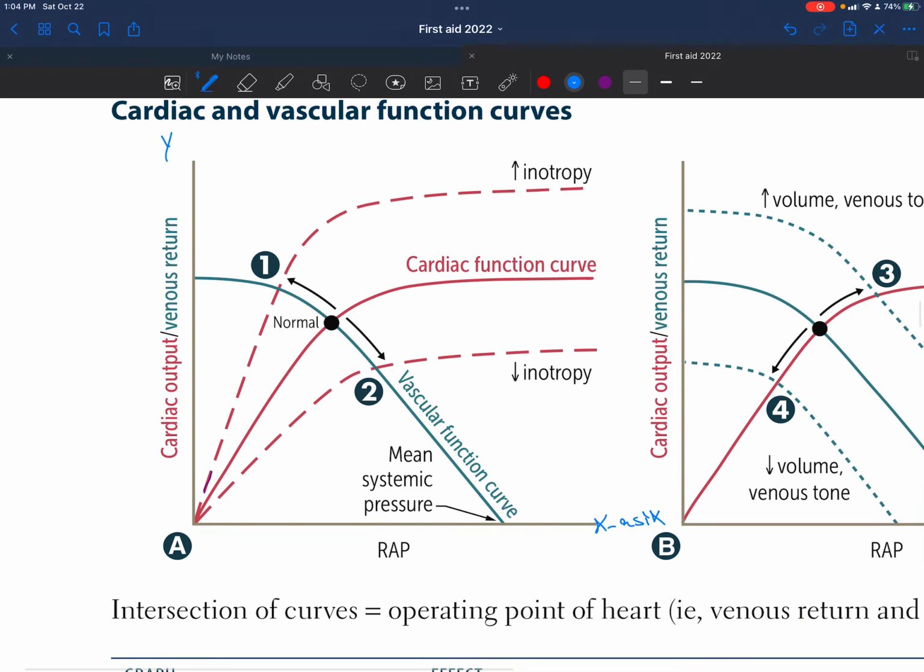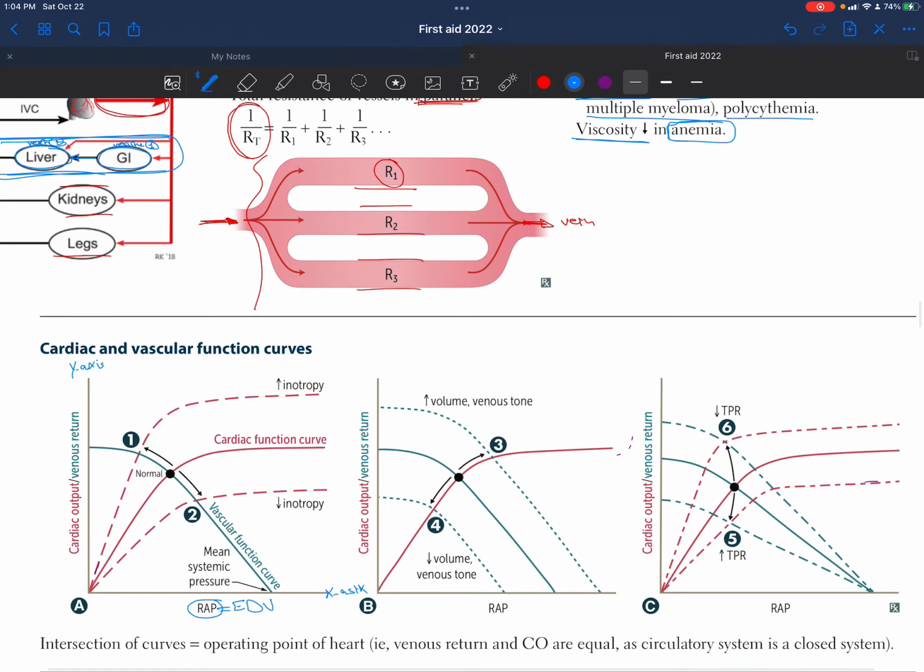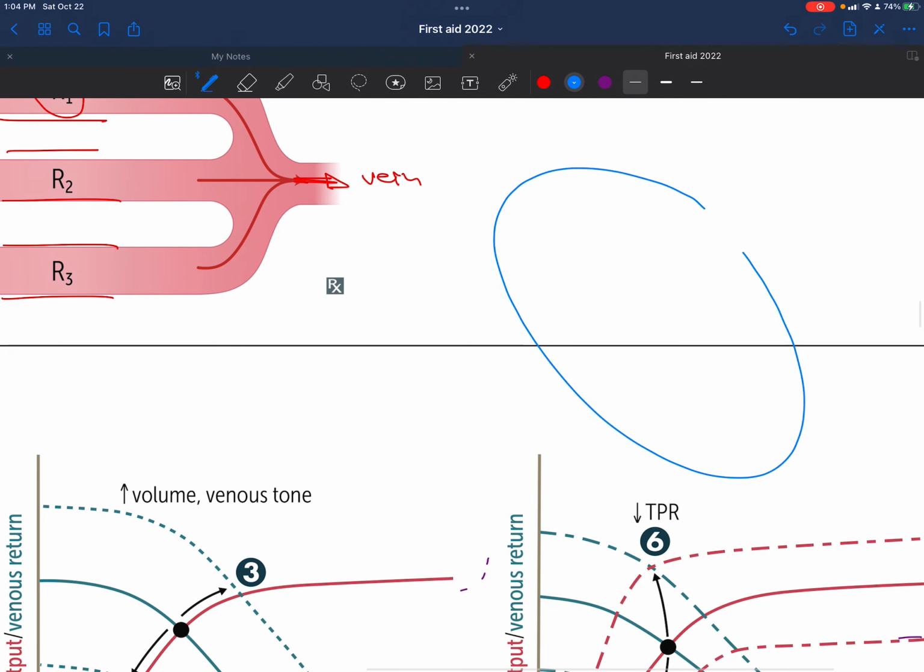So basically what we have here is the x-axis, and here is the y-axis. So this graph is just showing us how we can compare the x-axis regarding the y-axis. The x-axis is the right atrial pressure, and it kind of equals the end diastolic volume.